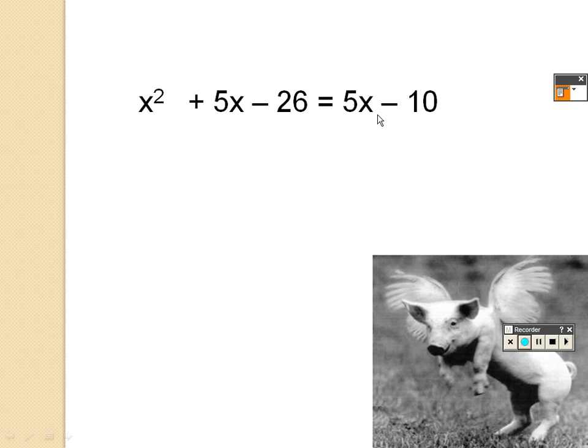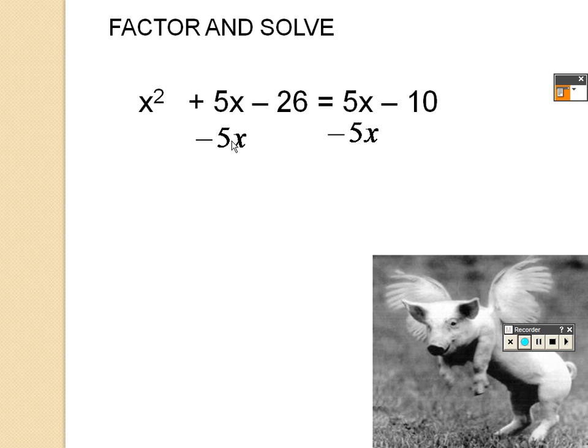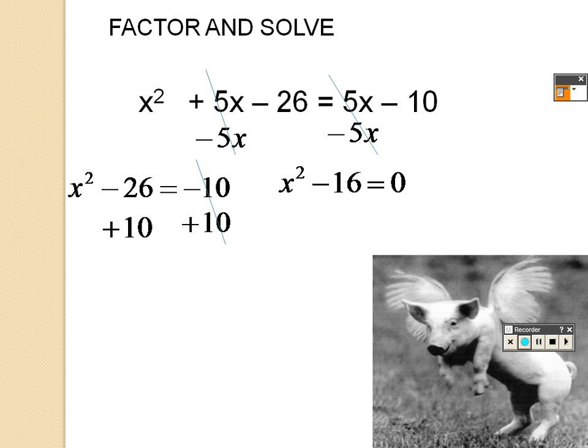So with this one, I combine my like terms to factor and solve. So I minus a 5x over. And when I do that, they're gone. So I have x squared minus 26 equals negative 10. So it wants me to factor. So I'm going to add 10 to both sides just to get everything there. And if you notice, this is a difference of squares problem, right?